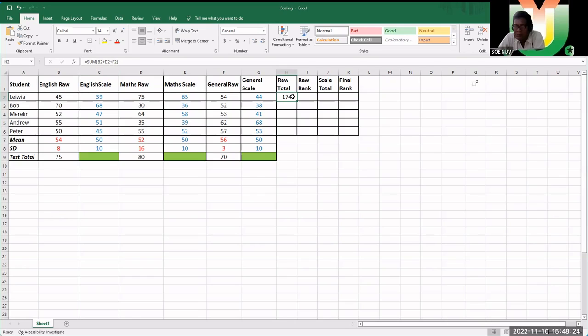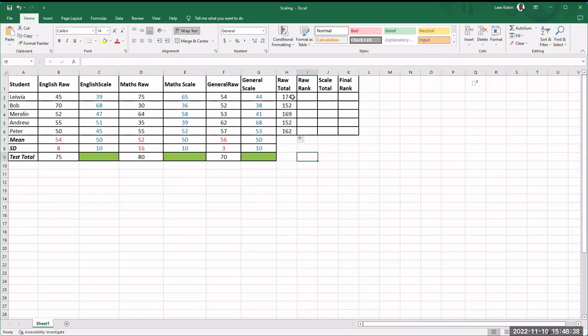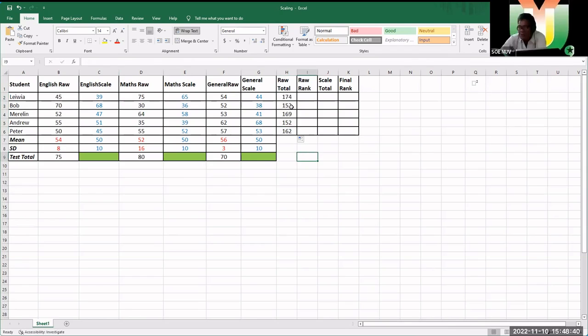Okay, and I guess it will work for all the rest. So you just scroll down and you have the total for all of these students. Okay, so you have 174, you have 152, 169, and 152, and 162.